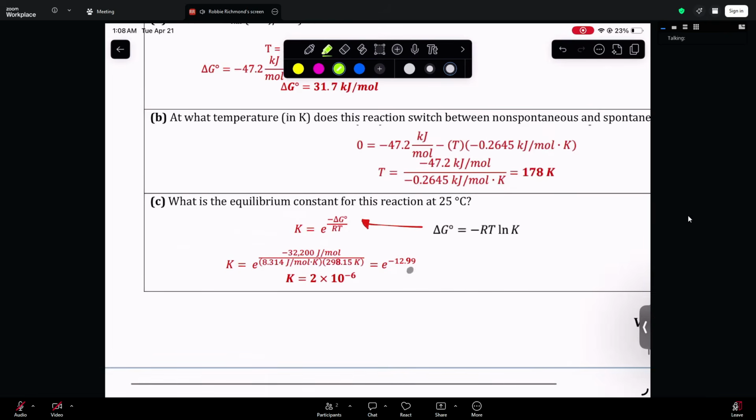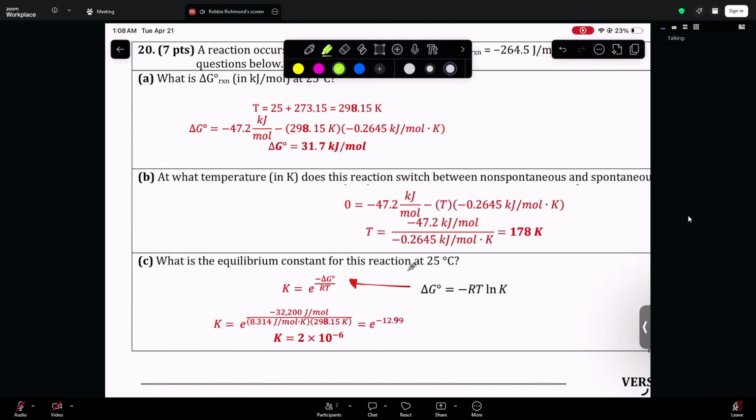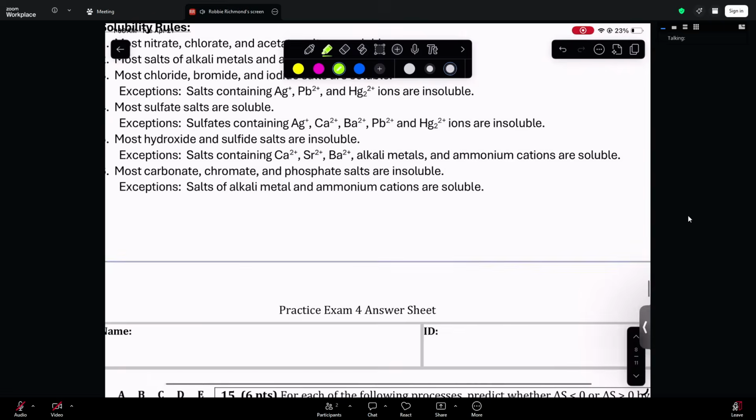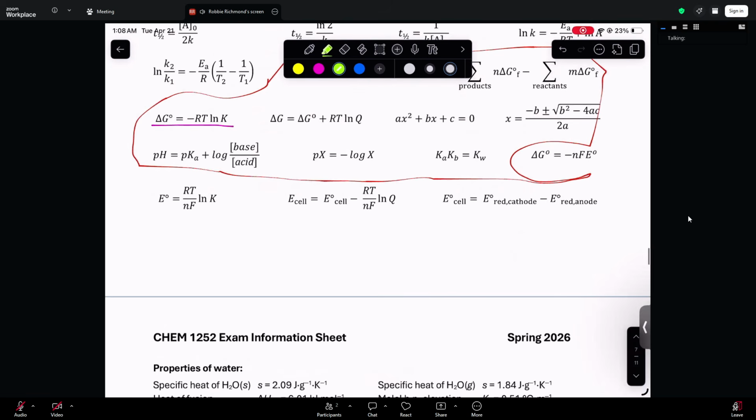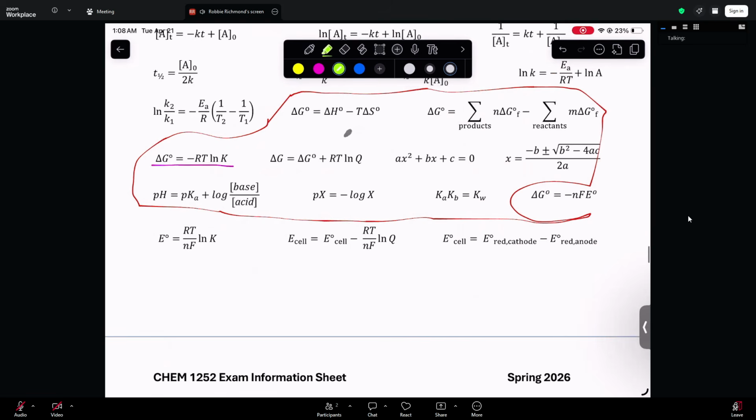All right. For part of the free response questions, we're asked to figure out the equilibrium constant of this reaction. It only explicitly states that we're looking at equilibrium, and we're already given delta G naught. We're going to use this equation rather than the other equation where we had both the K and Q values. Yeah, this one right here.